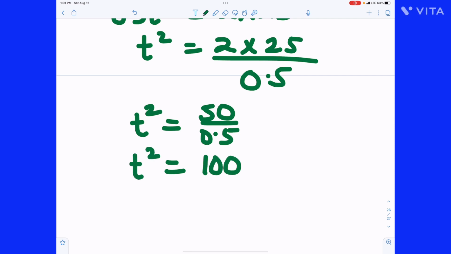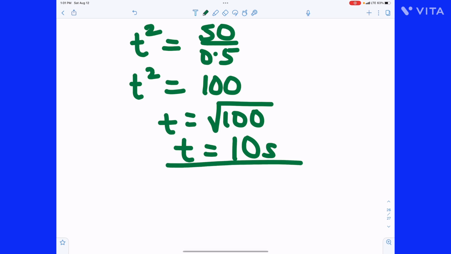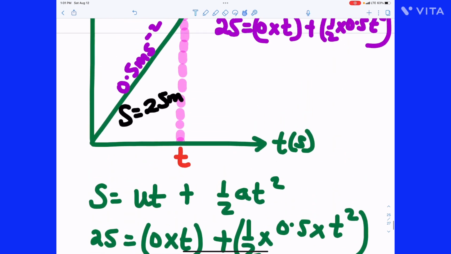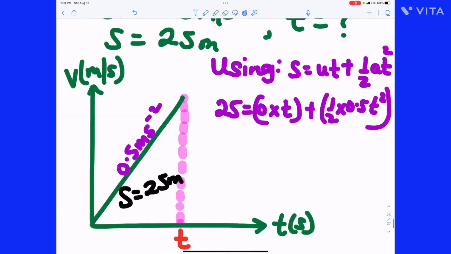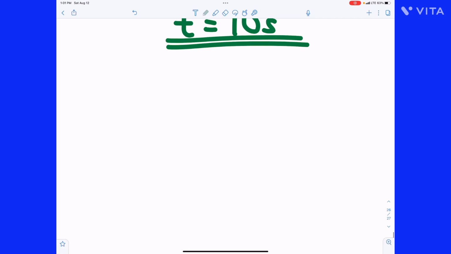So T squared is 100, and T is the square root of 100, which is 10 seconds. So the time taken to travel 25 meters at this acceleration is 10 seconds.